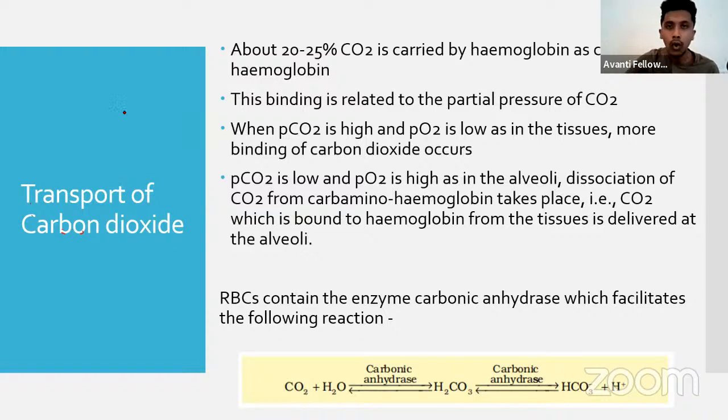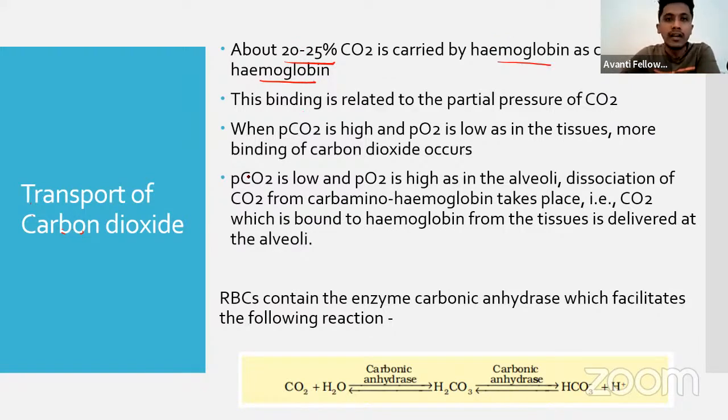We know that one of the vehicles of transportation of gases in our body is red blood cells. The red blood cells have the hemoglobin protein, which performs the movement of gases from one point to another. But if you see the role of hemoglobin in carrying carbon dioxide from the tissues all the way to the alveoli, only 20 to 25% of the carbon dioxide is carried by the hemoglobin molecule as carboxyhemoglobin.